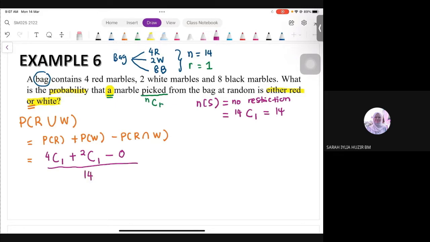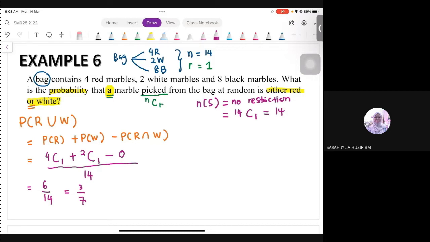So simplify this out. Our answer would be 6/14. Tinggal macam ni, takkan dapat markah penuh during exam. Remember, final answer always in simplest form. So, jadikanlah 3/7. Or, kalau awak terus tekan calculator je, (4C1 plus 2C1)/14 memang terus keluar lah 3/7 tu.